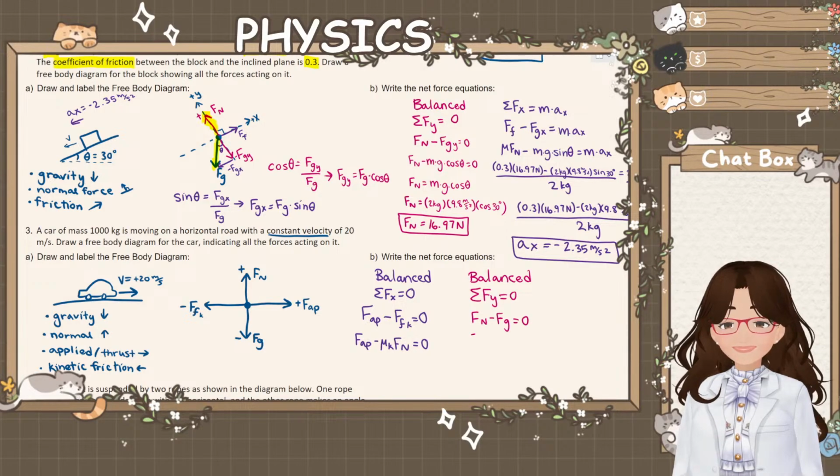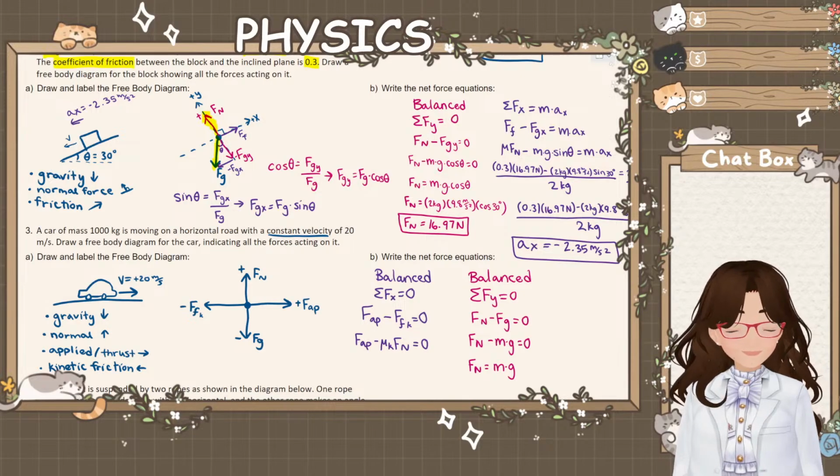And in this case here, we would have the normal force minus m times g is equal to 0. So therefore, the normal force is equal to m times g. And we could get that value as well. We would go ahead and multiply 1,000 kilograms times 9.8 meters per second squared.